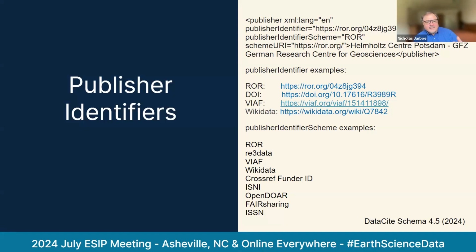Those can be a ROR or another DOI or Wikidata, etc. And then you point to the schema, the URI for that organization that is identifying you, and then you have your name there. So if you're a publisher of data or using DataCite, publishing other scientific outputs, give credit for the people that are doing that.